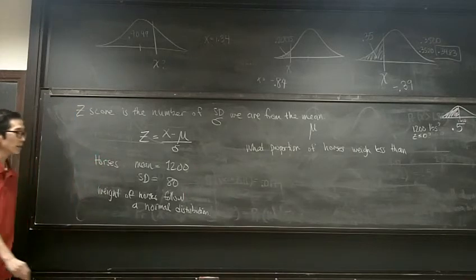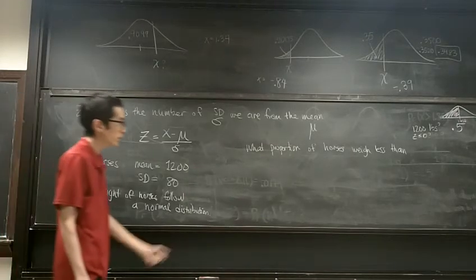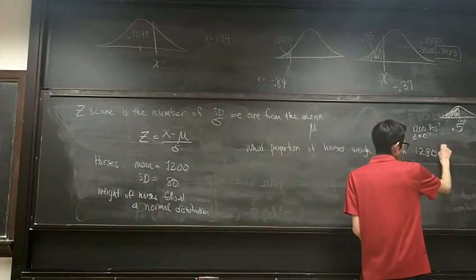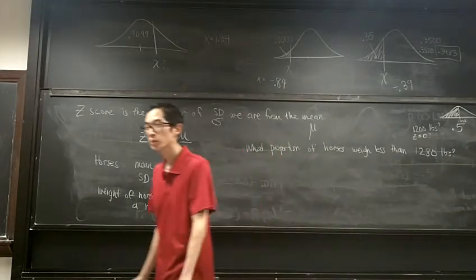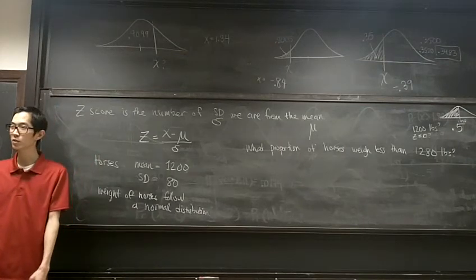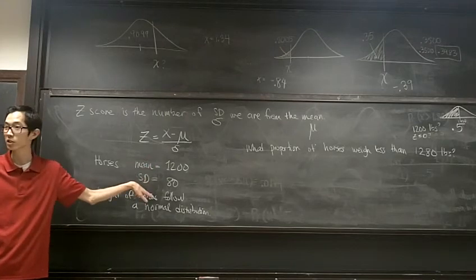Okay. So now I'm going to change it up. What proportion of horses weigh less than, let's say, 1,280 pounds? Can we answer this question if we know that the mean is 1,200 and the standard deviation is 80?